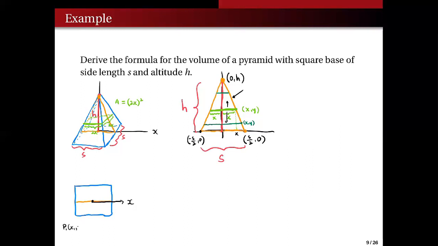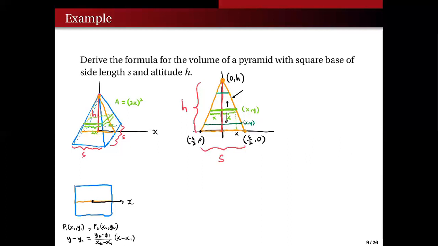P1 is x1, y1, and P2 is x2, y2. So the two-point form will be y minus y sub 1 equals y sub 2 minus y sub 1 over x sub 2 minus x sub 1 times x minus x sub 1. So that is the two-point form of the line.